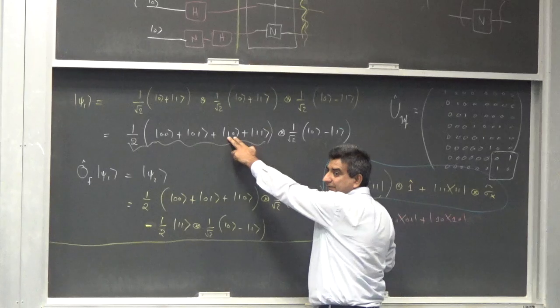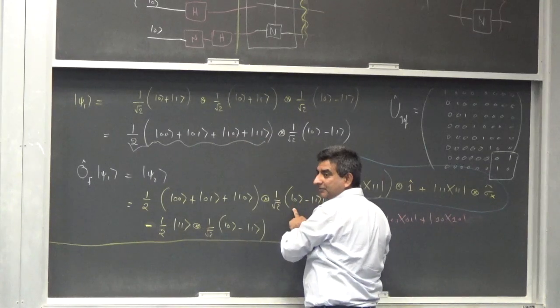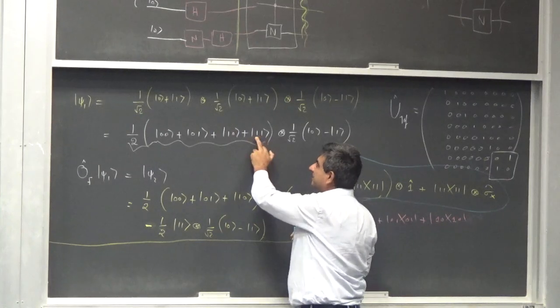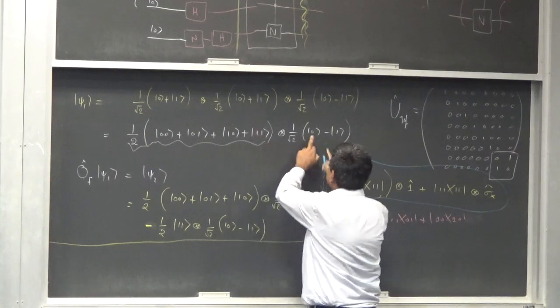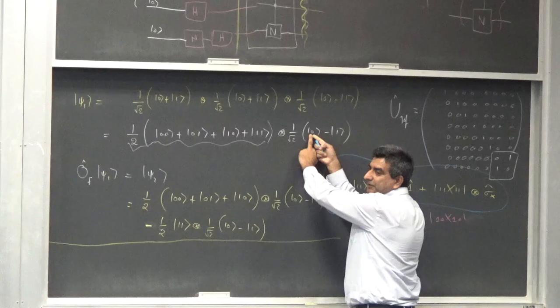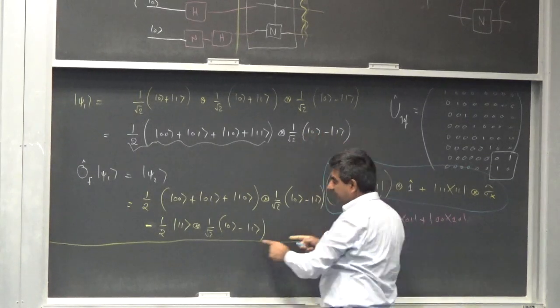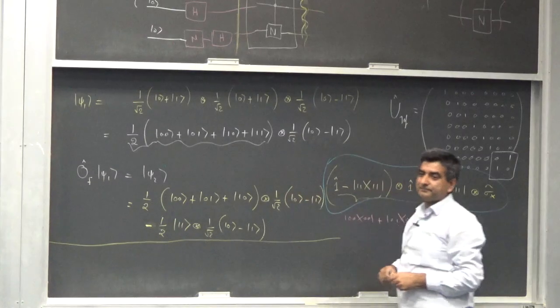If this is my state, nothing happens to this qubit. But if my first two qubits are each in the state 1, this ket 0 becomes ket 1, this ket 1 becomes ket 0. So I just put in a minus sign over here.